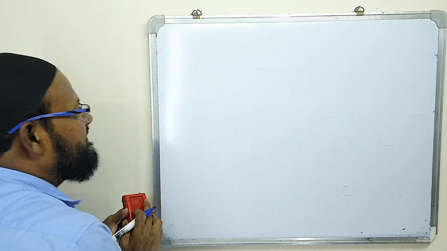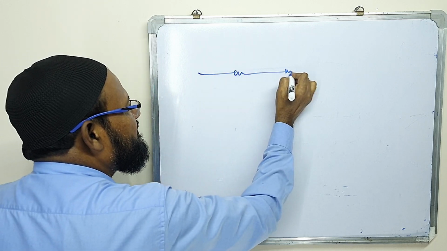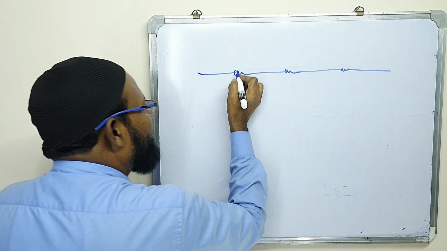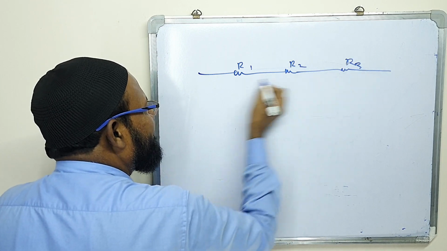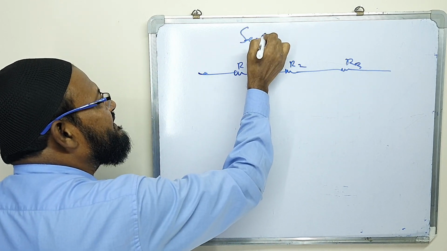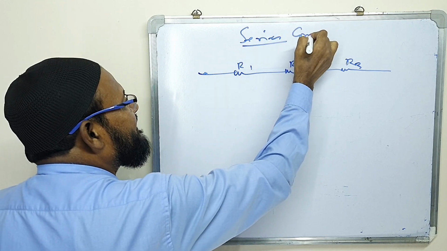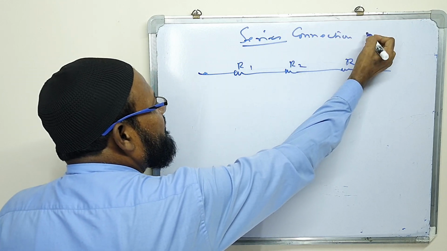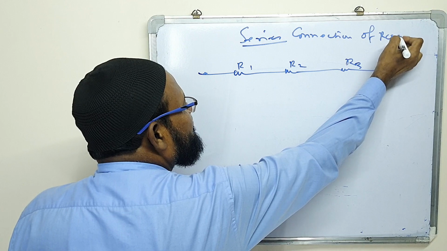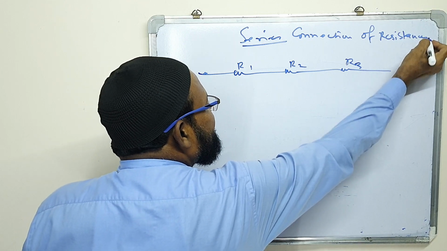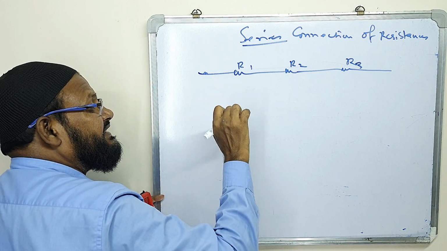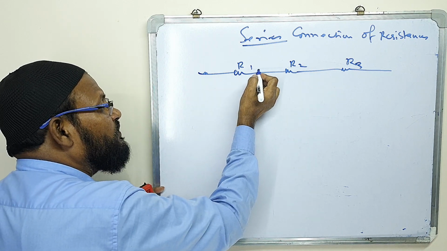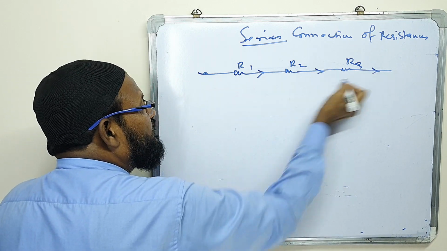See here. This is R1, R2, R3. What is the heading? Series connection of resistances. What is the meaning? In series connection, there are some special rules. The current will be the same.